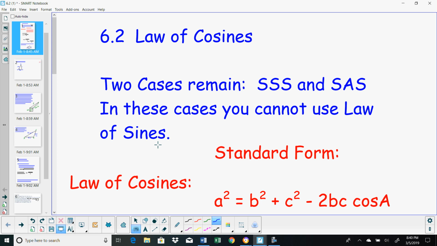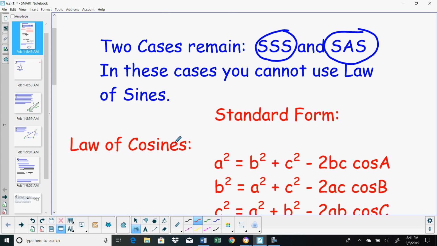In these cases, it's impossible to use the law of sines, because to use law of sines, you have to have a side and an angle across from it. These two cases do not have a side and an angle across from it that we know. So in that case, we've got to switch over and use law of cosines.